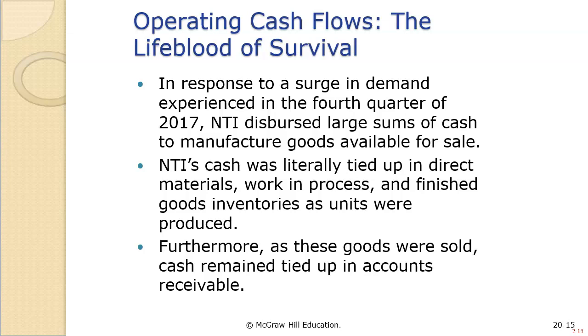I showed you the next slide, so hopefully I didn't give the answer away too much. If someone has their cash tied up in inventory and accounts receivable, would you expect them to have a long or short operating cycle? If you remember what operating cycle is. A longer one.